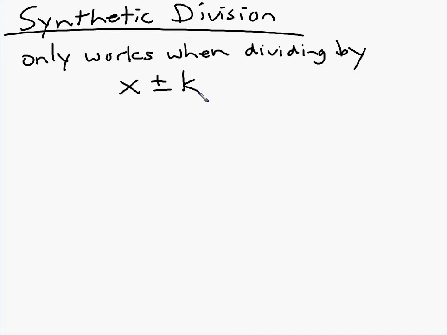And k is a number. And what I want you to notice most of all is what's the power of x? 1. Okay? And what is the number in front of x? 1. Okay? Must be 1, and the power must be 1. Otherwise, you can't use synthetic division.